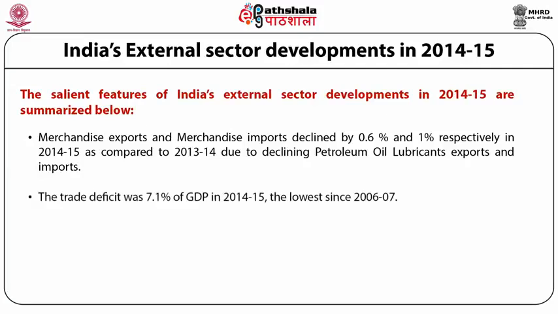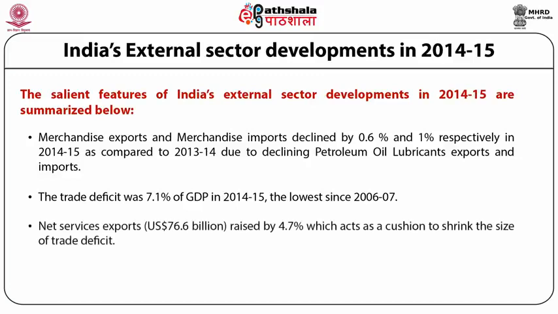Secondly, the trade deficit was 7.1% of GDP in 2014-15, which was the lowest since 2006-07. Thirdly, net service exports, which were US $76.6 billion, rose by 4.7% and acted as a cushion to shrink the size of the trade deficit.